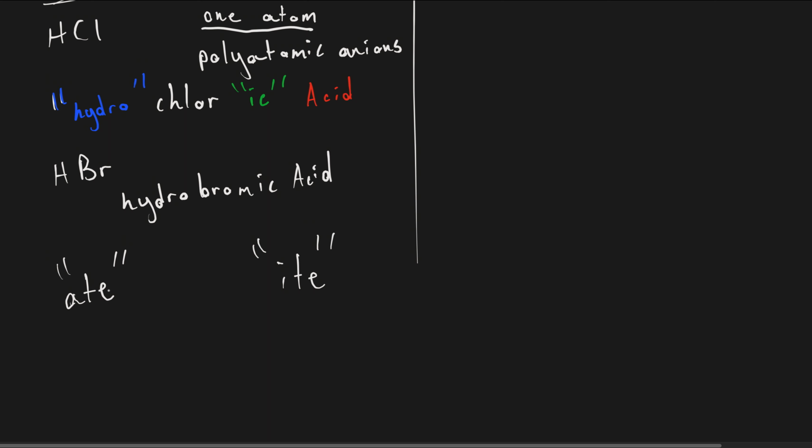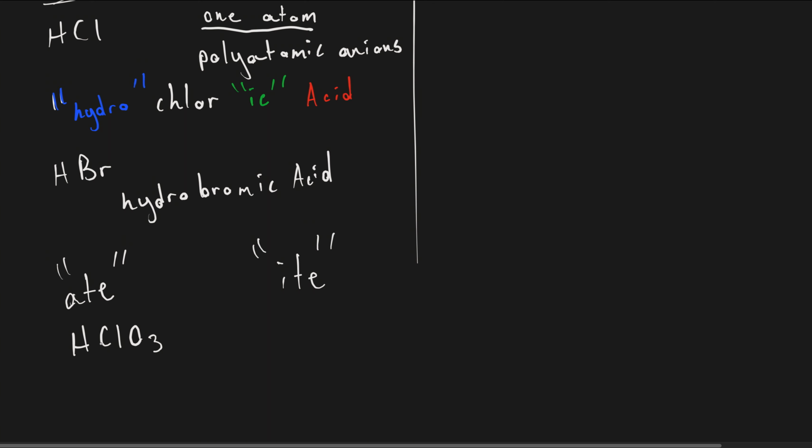Now, how do we say a polyatomic anion acid? We would still write the hydrogen in the beginning, for example H, but now let's use chlorate, HClO3.